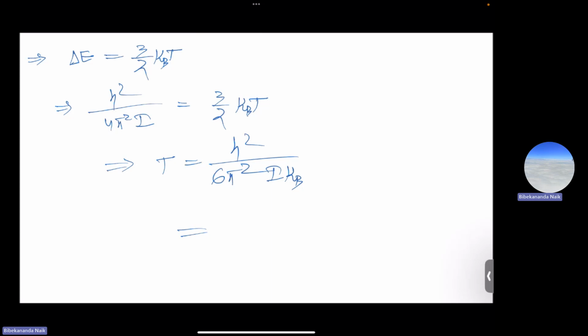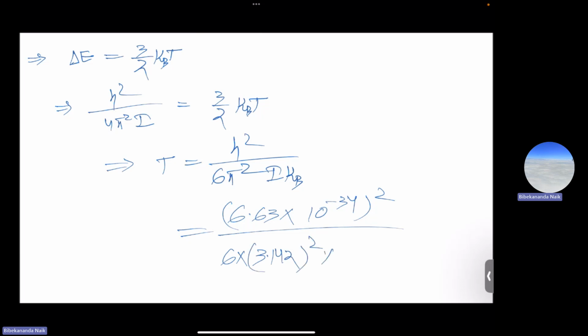Since all the values are given, k is also known, 1.38 into 10 to the minus 23. So if you put 6.63 into 10 to the power minus 34 square, divided by 6 into 3.142 square into the moment of inertia of hydrogen molecule, again given, 5 into 10 to the power minus 48, into k, 1.38 into 10 to the power minus 23.